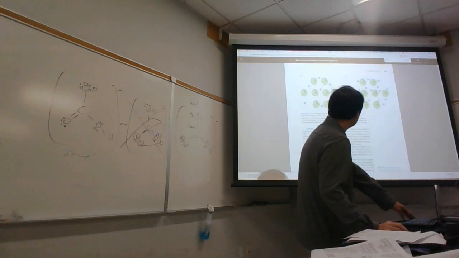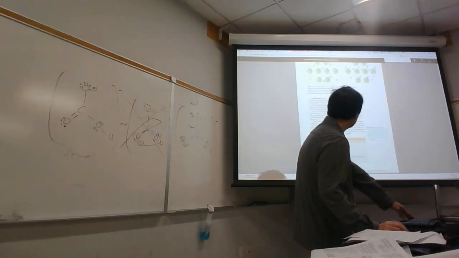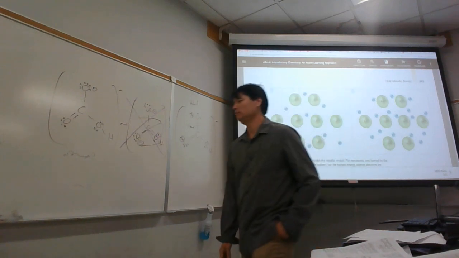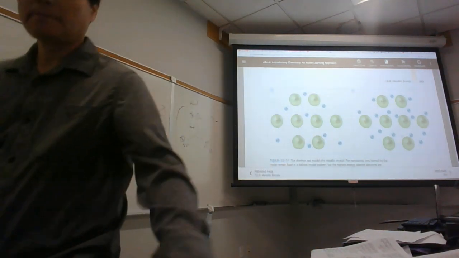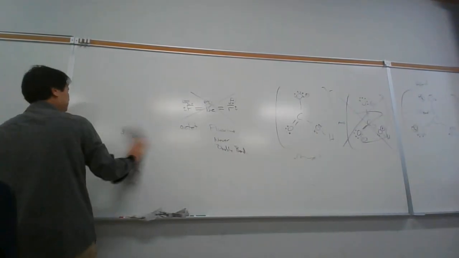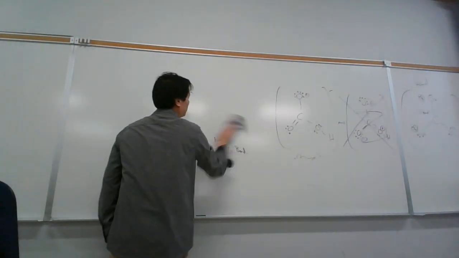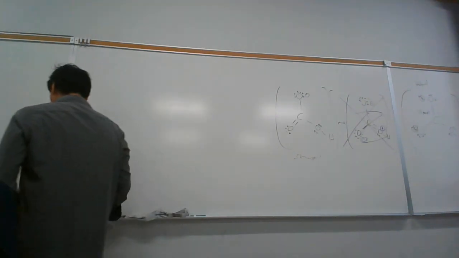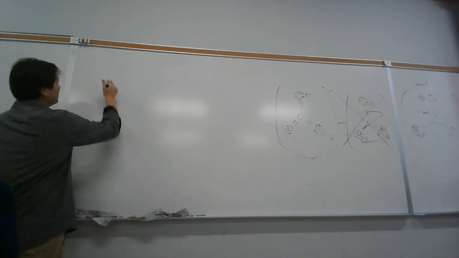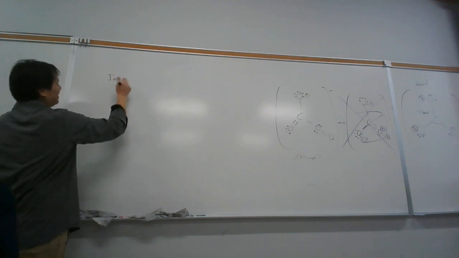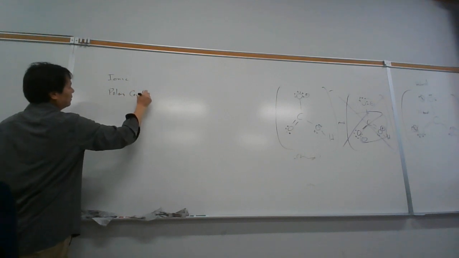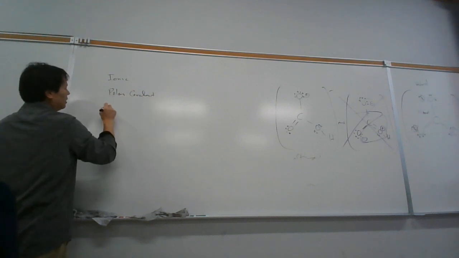Let's take a look at ionic compounds and other types of bonds. So the types of bonds that we dealt with so far: ionic, polar covalent, non-polar covalent.